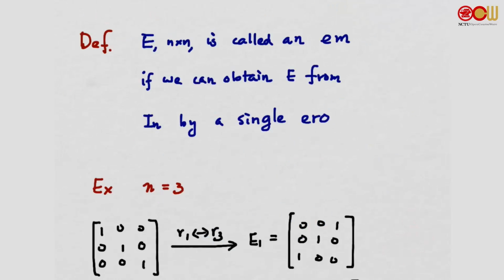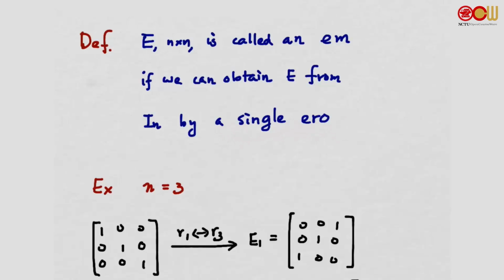For example, n is equal to 3 and we have I3, the identity matrix of size 3 by 3, and let's say we perform a single ERO. Remember here it's a single ERO, right?